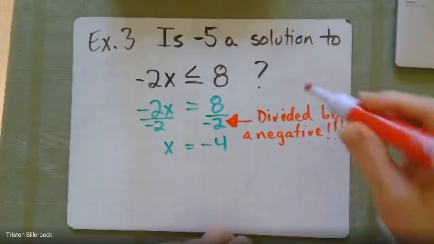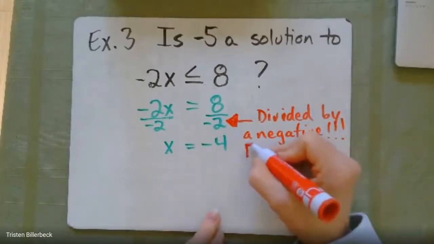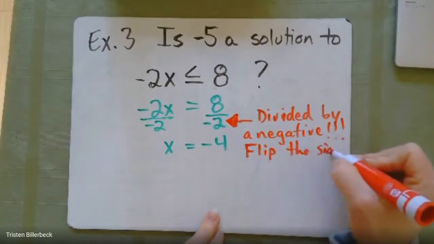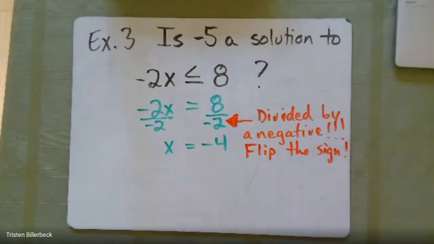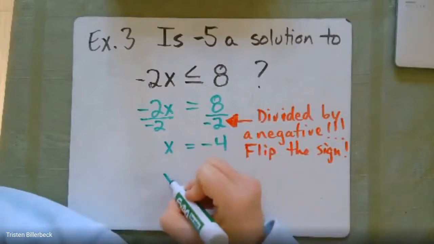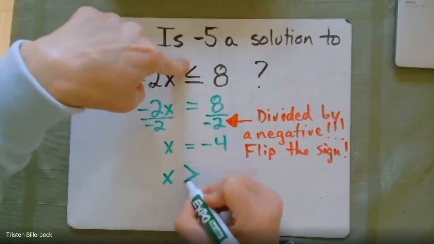Okay, so when you divide or multiply by a negative, flip the sign. Okay, so that's pretty darned important. So let's remember not to forget to flip the sign. So we flip it like this.